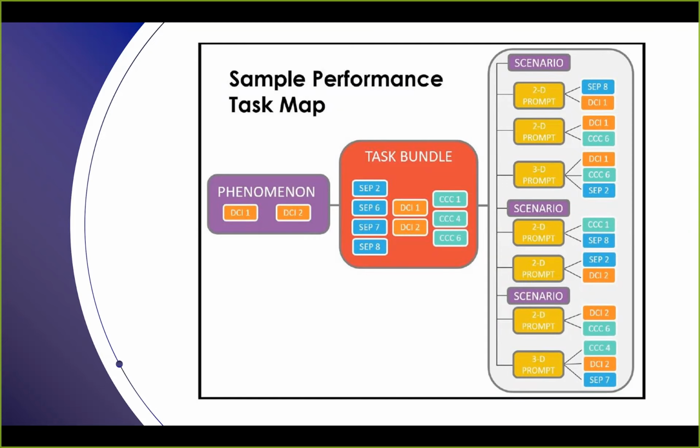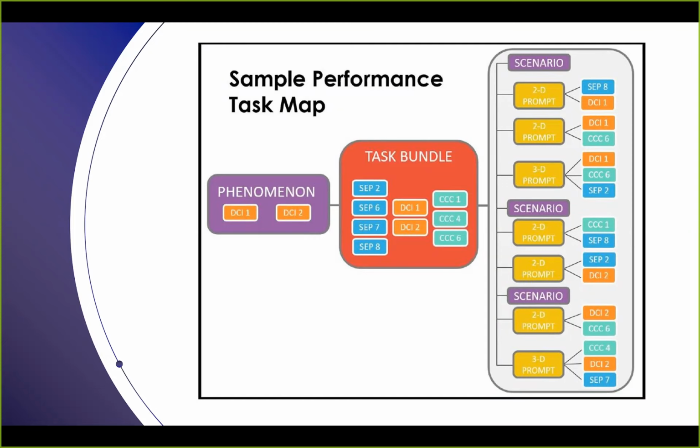And so the performance task map shows how tasks for the assessment are constructed and how they might fit into the three-dimensional elements. So by having an understanding of our language within our Nebraska College and Career Ready Standards for Science, we can see that SEP stands for Science and Engineering Practice, DCI, Disciplinary Core Idea, and CCC, excuse me, is a cross-cutting concept.